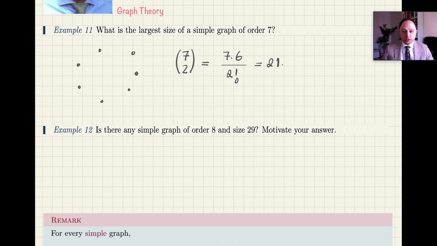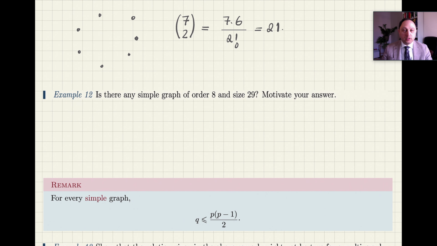Exactly, thank you. Yes, because the graph is again simple, the maximum possible size of a simple graph of order 8 happens when I start connecting all pairs of points together. Okay? And if I do this maximally, what I get at most is 8 choose 2, so then it becomes 8 times 7 divided by 2, so it becomes 28.